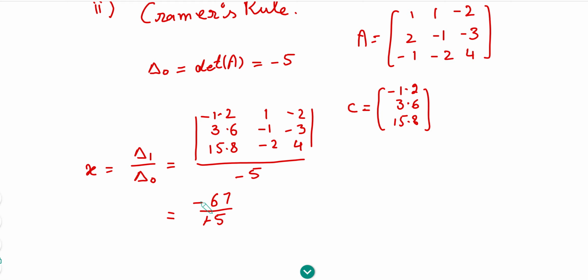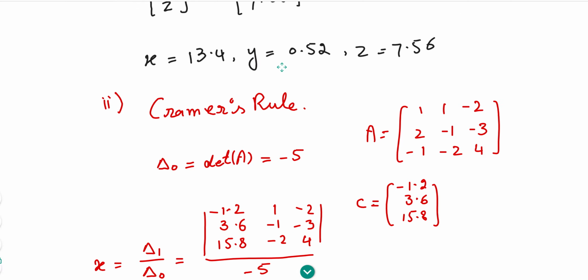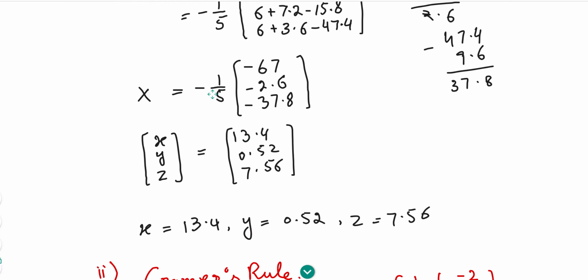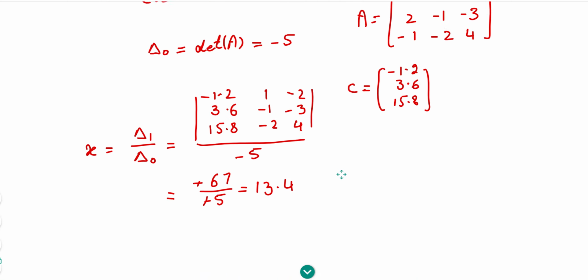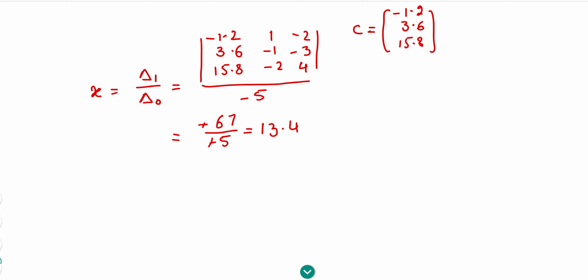Negative goes with the negative, and 67 divided by 5, the answer is 13.4. If you remember, here we also got, before dividing by the determinant of A, our answer of negative 67. So you can also compare the values of delta 1, delta 2 and delta 3 with this matrix.